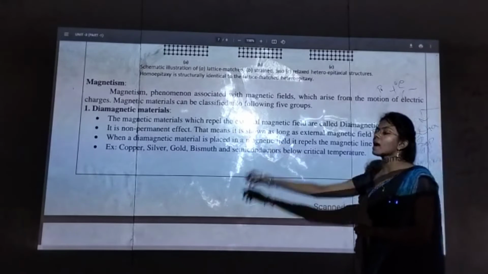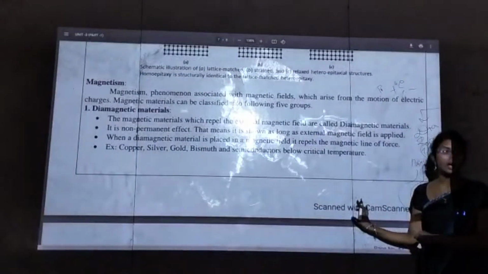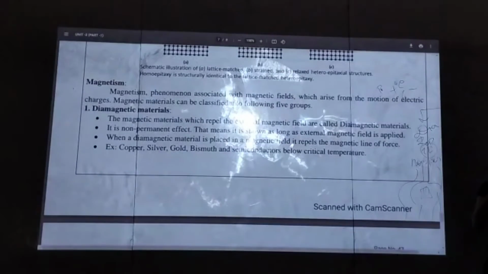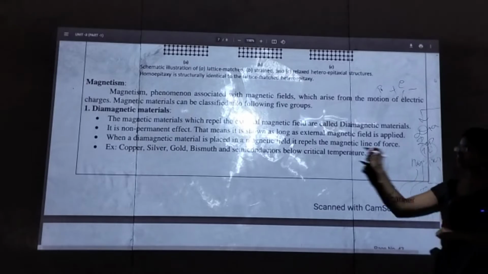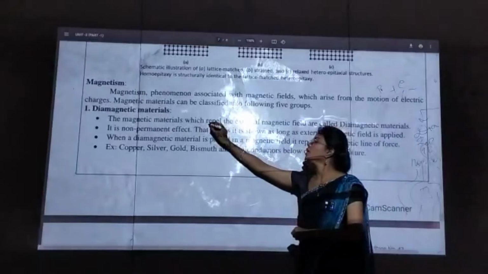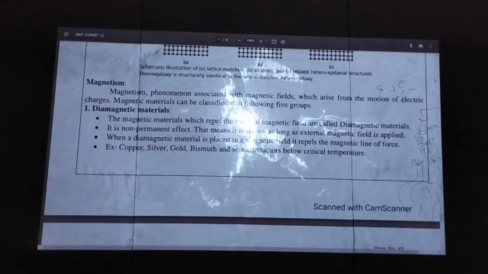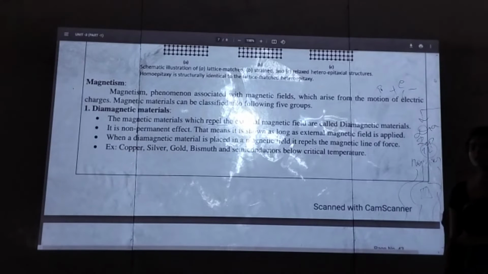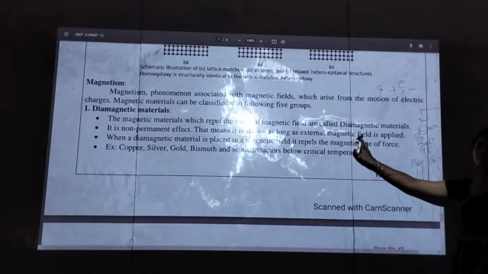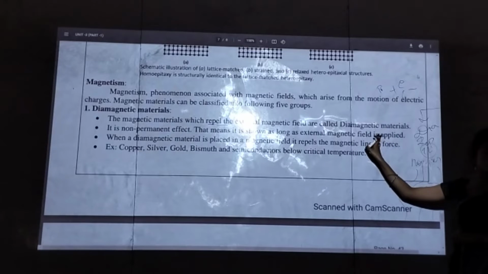Coming to the diamagnetic materials, how are they defined? The materials that repel the external magnetic field are called diamagnetic materials.